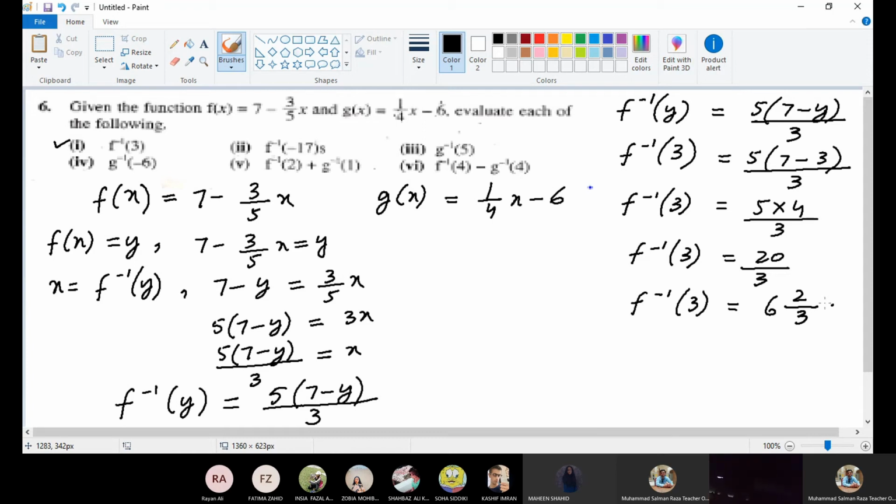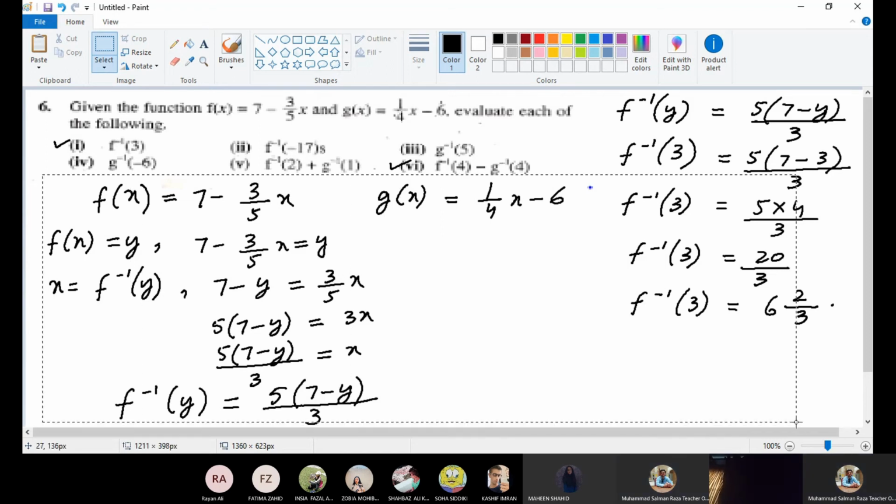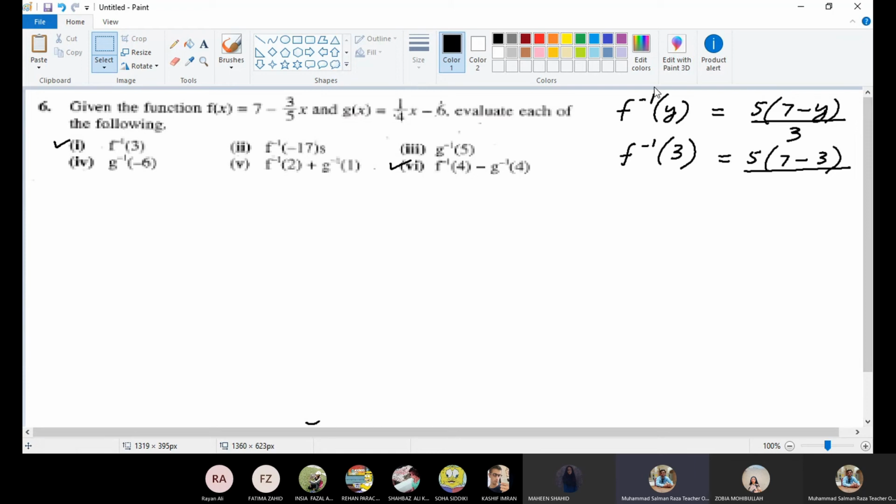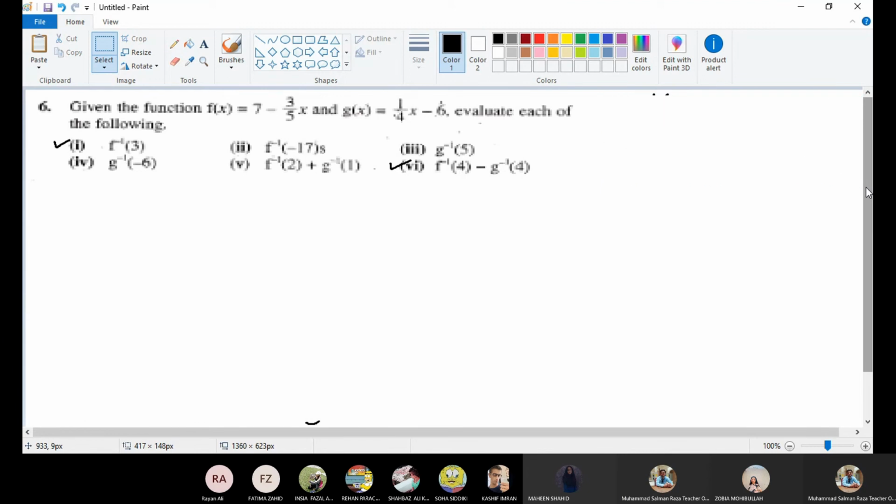Now let us see how we solve these types of questions, like part number 6 mentioned. For that, I'll select this tool from here, and we'll go till here and then erase the screen, and then again I'll erase the screen.